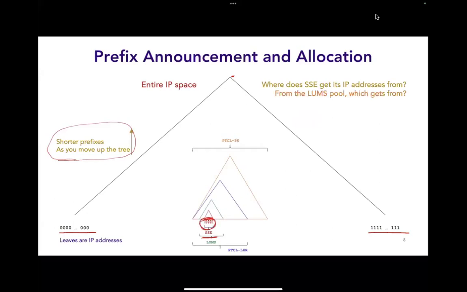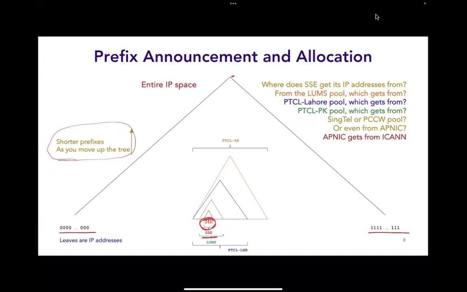This will be obtained from the LUMS pool, which will get it from PTCL Lahore's pool, which will get it from the pool allocated to PTCL, which will get it from Singapore Telecom or PCCW's pool, or even directly from the numbering authorities such as APNIC and ICANN. We can also get the IP addresses directly from those instead of getting them from our service provider.